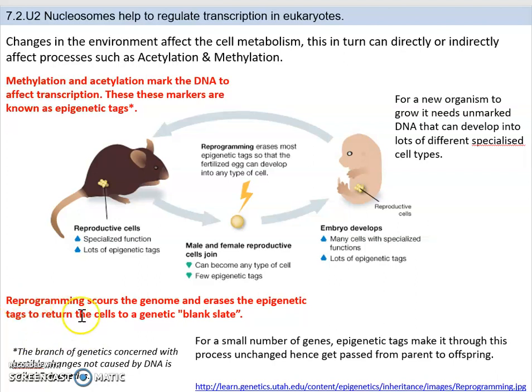So this reprogramming takes place to a large extent, but not entirely. Now that is very profound because that means that the experiences and the exposure to certain environmental factors that your parents had could indeed impact the epigenetic markers that you inherited. So you inherit the genes, but there are certain epigenetic markers that might be inherited as well.